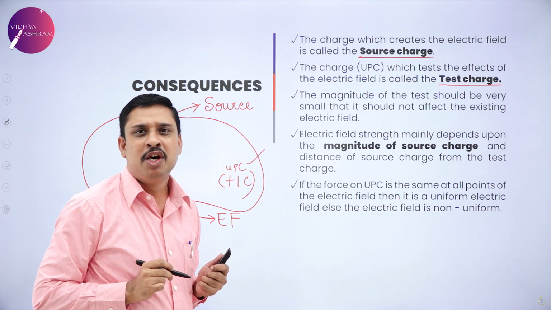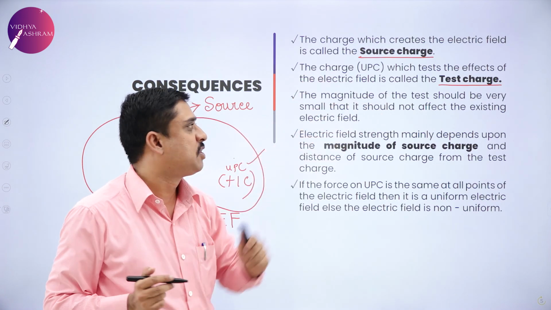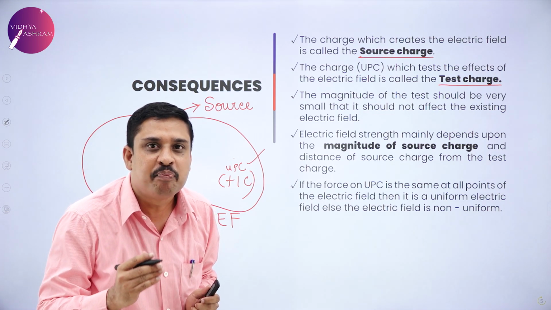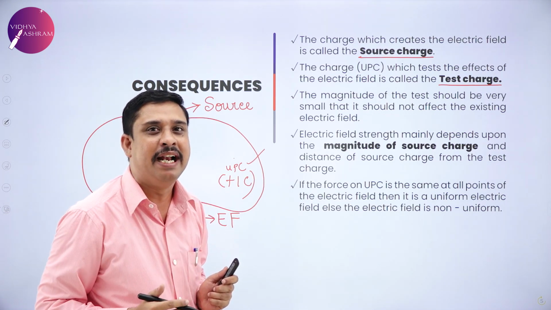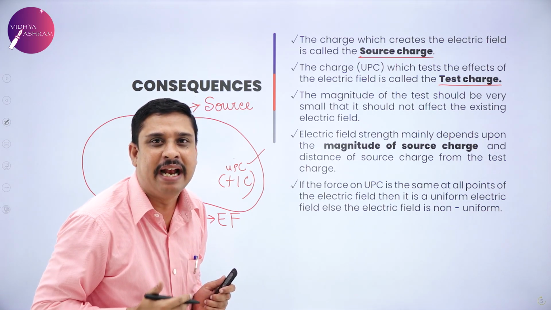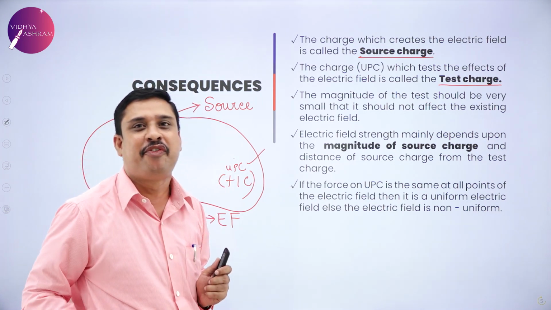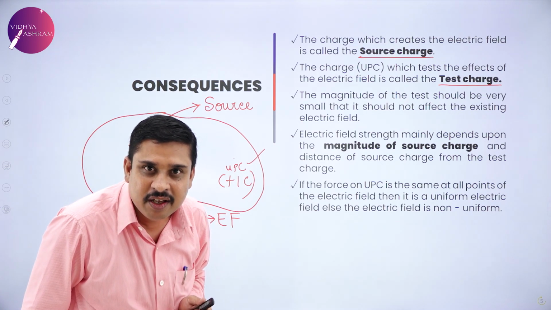the test charge. So beautiful words: source charge, test charge. So what is source charge? Something which is creating the electric field, something which is the source of the electric field. A point charge which gives me the electric field is what I call source charge.